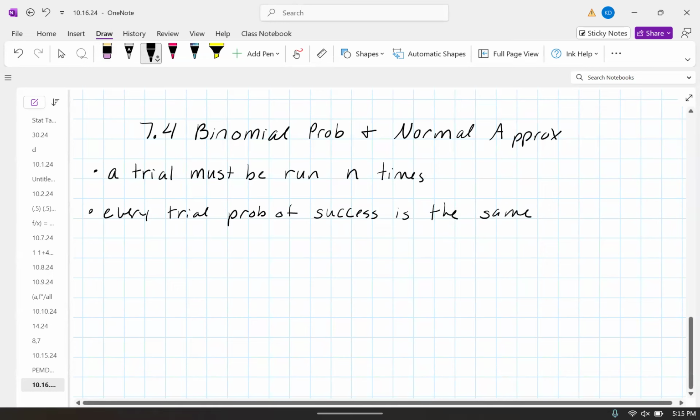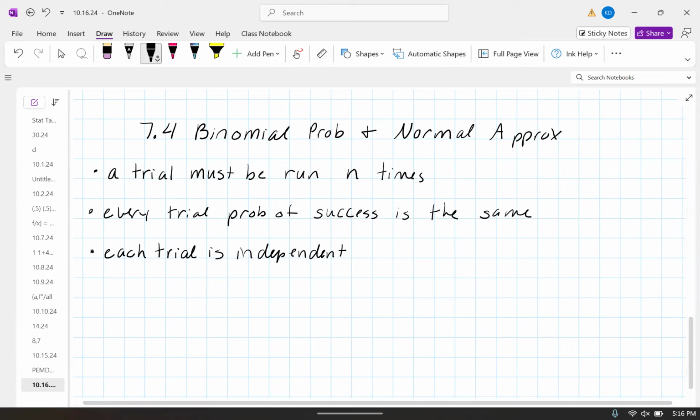So if our probability is 0.38 for the first trial, it has to be 0.38 for the 80th trial. It has to be the same value all the way through. Each trial is independent. So the outcome of whatever happens in the first one doesn't affect the outcome of the last one, which helps our probability stay the same.